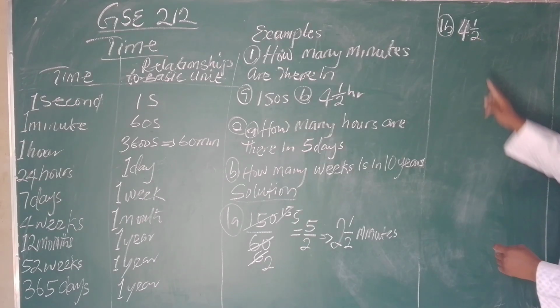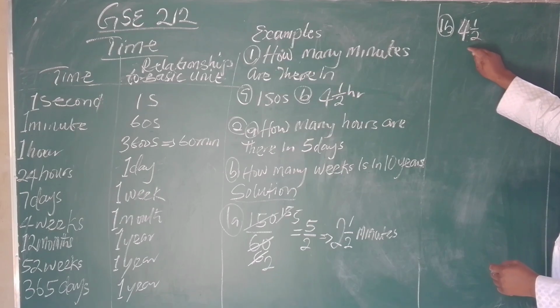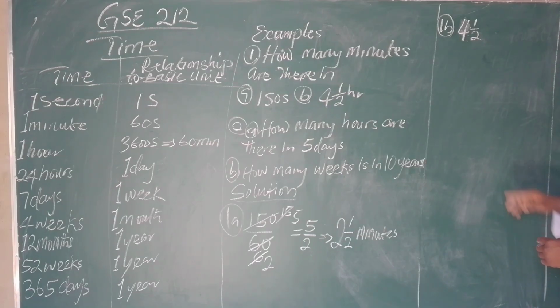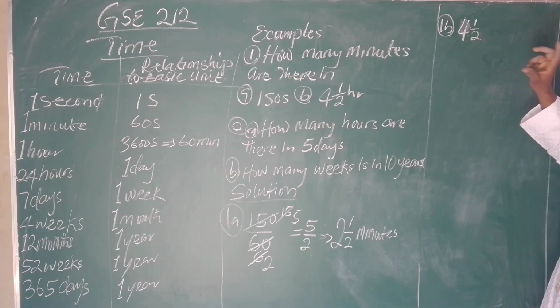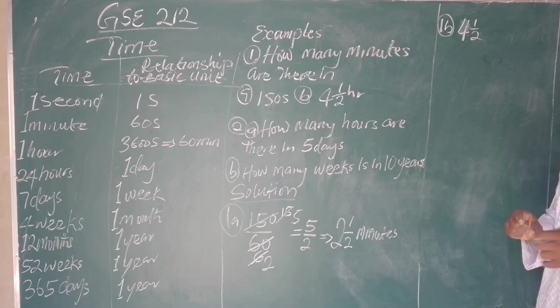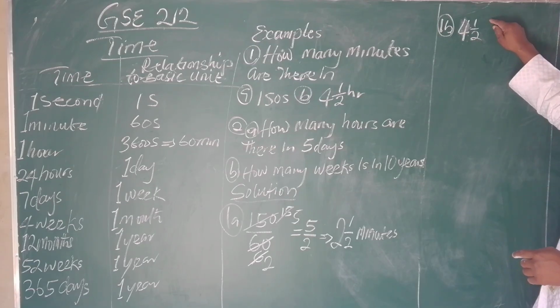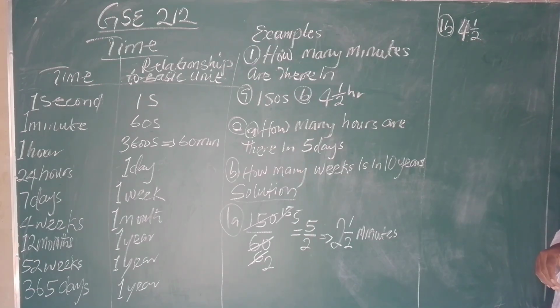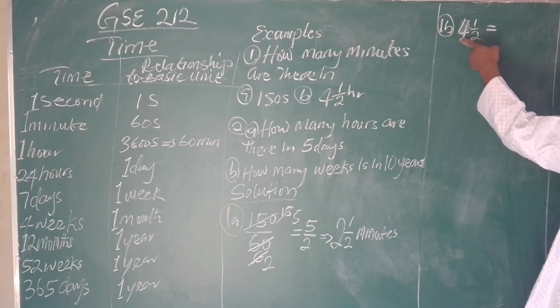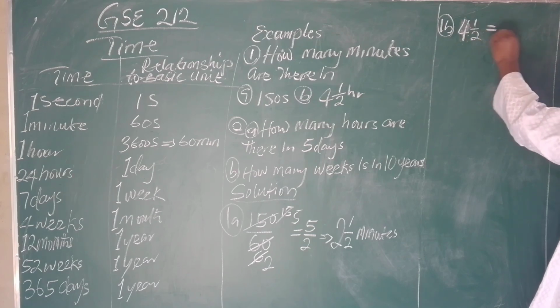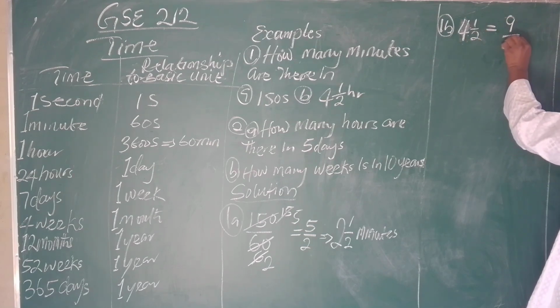Now we are given this in hours and we are looking for the minutes. First, we should make this an improper fraction. An improper fraction is a type of fraction in which the numerator is bigger than the denominator. The numerator is the number at the top and the denominator is the number at the bottom. Therefore, 4 times 2 is 8 plus 1 is 9 over 2.